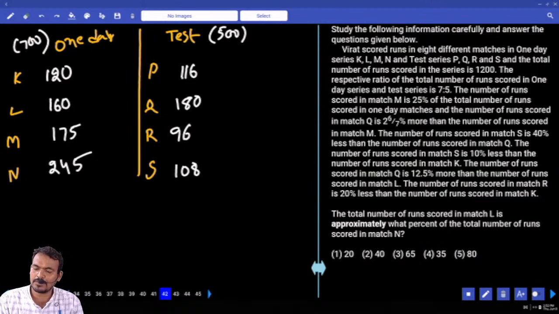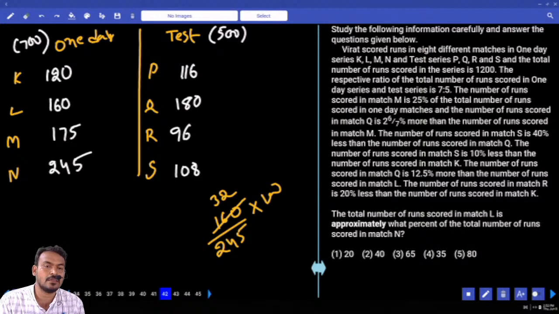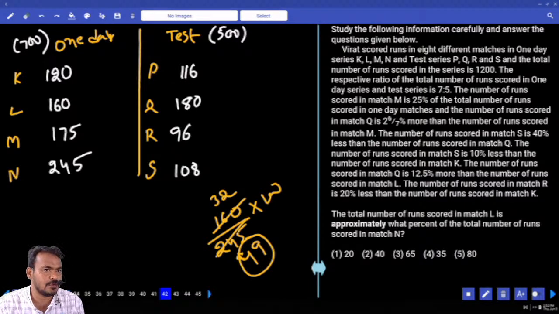So 160 by 245 into 100. 5 times 32, and 5 times 49. 49 we approximately take as 50. 32 into 2 is 64. What is the nearest value? 65.